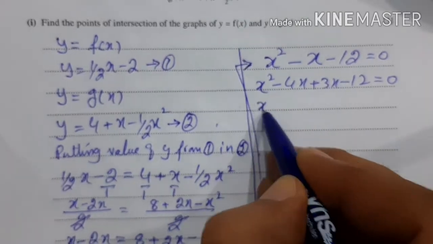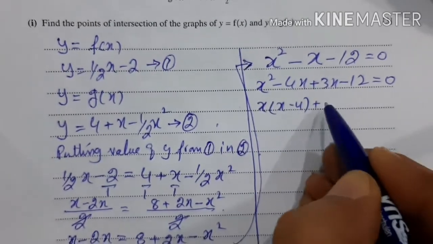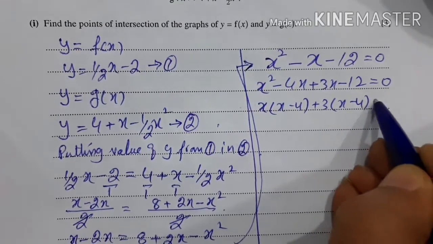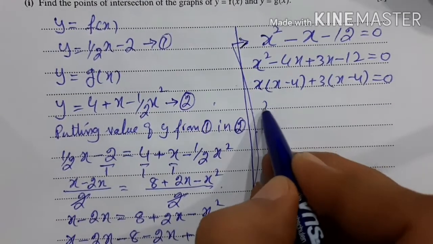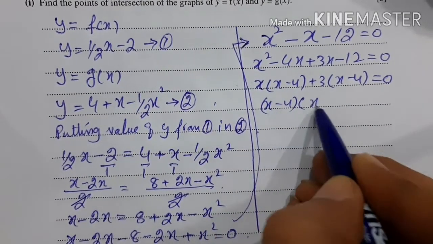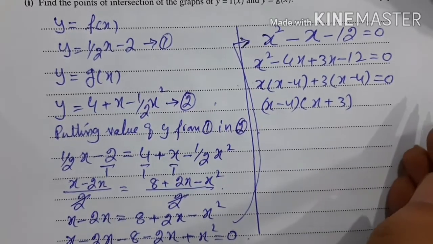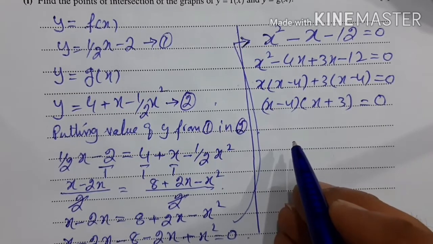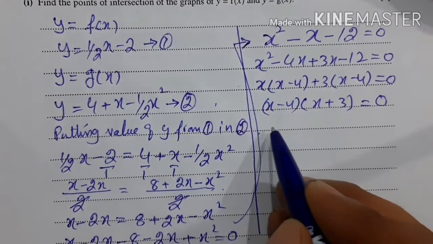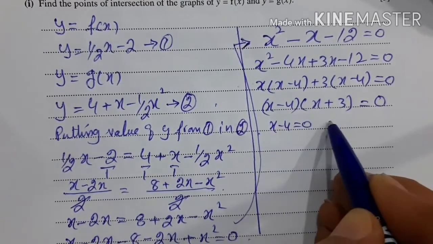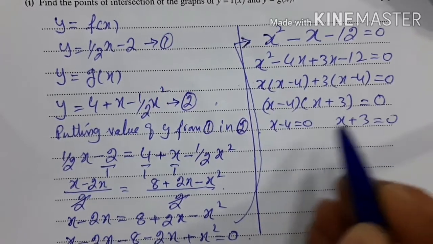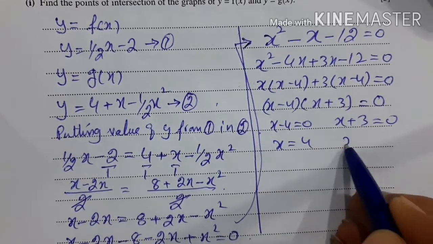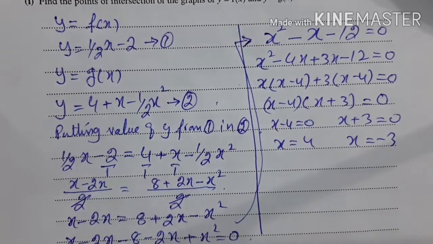So take x common, x minus 4 plus 3 common, x minus 4 is equal to 0. So x minus 4 common, x plus 3 is equal to 0. So this will become x minus 4 is equal to 0, x plus 3 is equal to 0. So x is equal to 4, x is equal to minus 3.